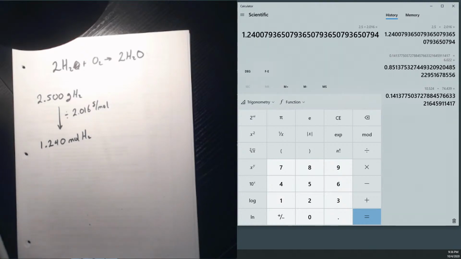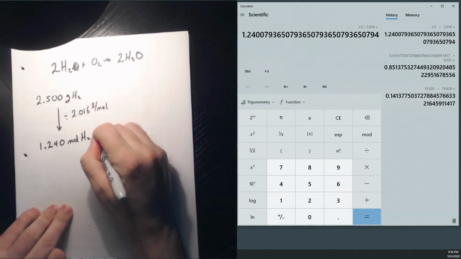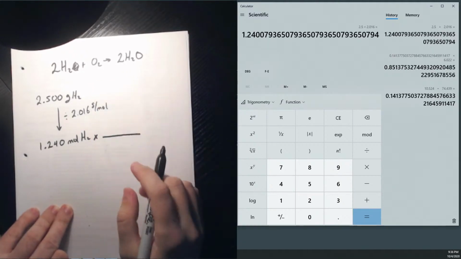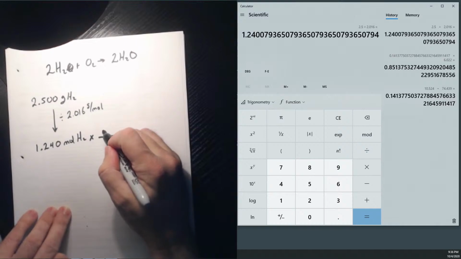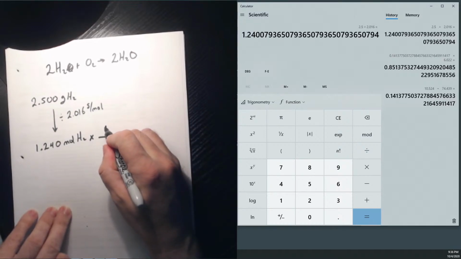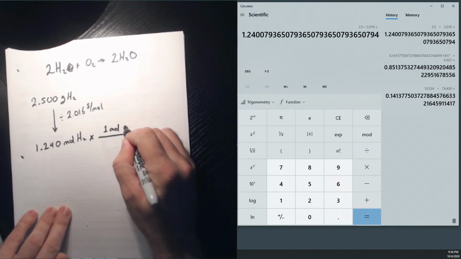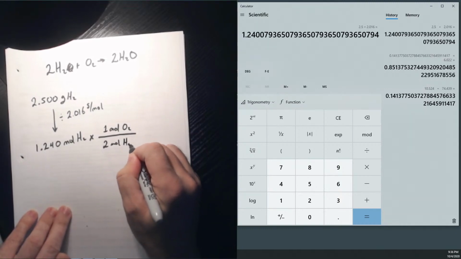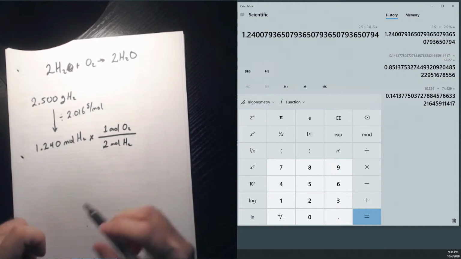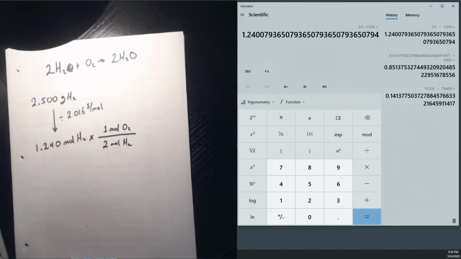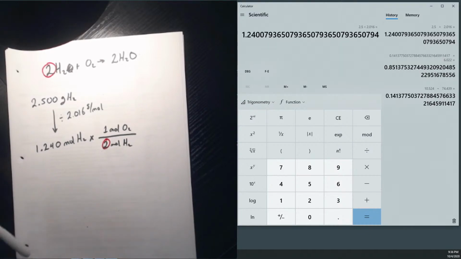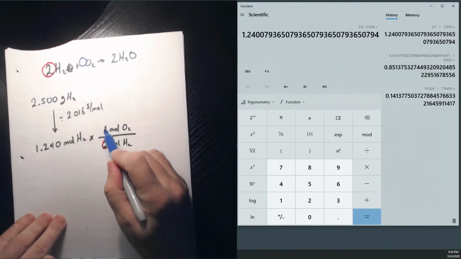We just take the numbers right out of the balanced chemical equation. So where you're going to goes on top. We're going to consume 1 mole of oxygen for every 2 moles of hydrogen we consume. So the 2 comes right there, and the 1 is right there.